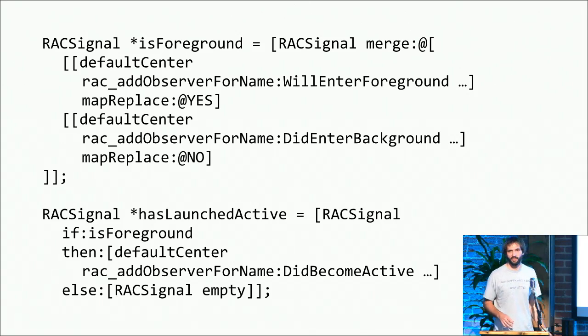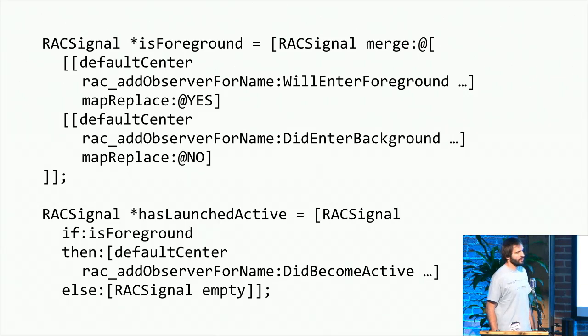Here we're not using any of that, not looking at the info dictionary, nothing. All we're doing is mapping it to yes and mapping it to no. So now we have a signal that when either of these fire, we'll know that we're either in the foreground, or we will enter the foreground, or we did enter background. You could use this for cleanup as you're going into the background as well.